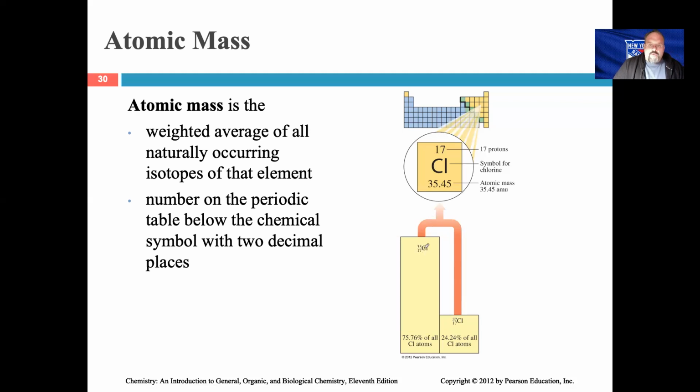So notice how this one, where you have the higher percentage, the mass number given in this atomic symbol is closest to what the actual mass number is. So we would expect to find more of the isotope of chlorine that has 18 neutrons than compared to the one that has 20 neutrons. All right, so that's why the mass number is in decimal form. And when we use the periodic table to find the number of neutrons, it's usually the number of neutrons in the isotope that exists the most.